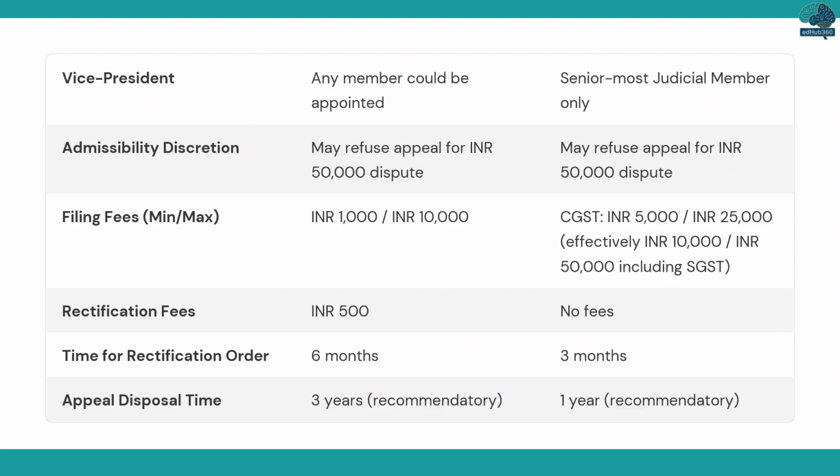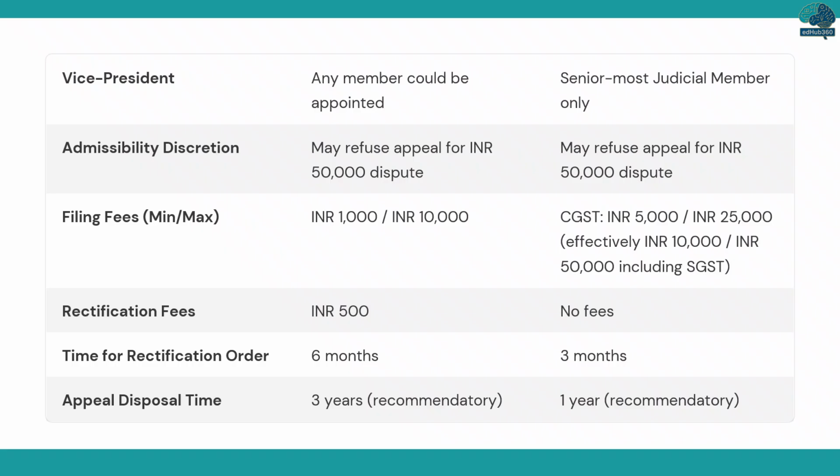While both tribunals have discretion to refuse appeals under 50,000 Indian rupees, their filing fees differ substantially. CESTAT's fees ranged from 1,000 Indian rupees to 10,000 Indian rupees, but GSTAT's are higher, starting from 5,000 Indian rupees up to 25,000 Indian rupees per act, effectively doubling when SGST is included.